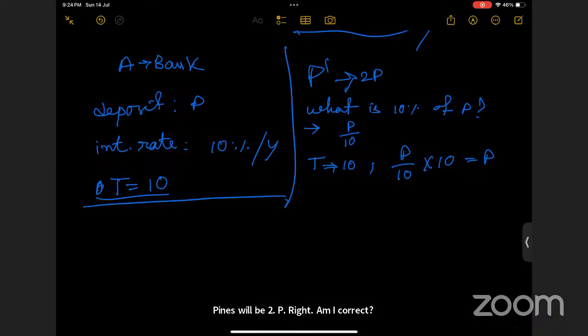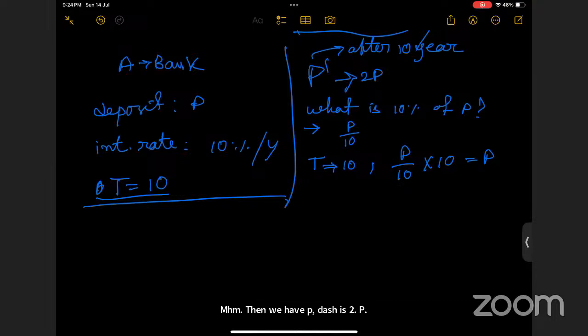How 2P? We have to add the interest with the deposit, right? The deposit was P, and after 10 years the total interest is P. So we should add it. It will be 2P. Then we have P dash as 2P.